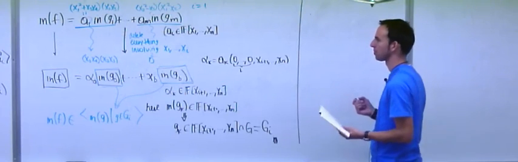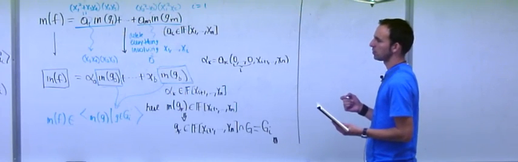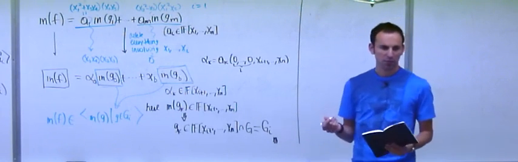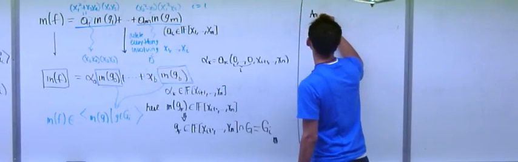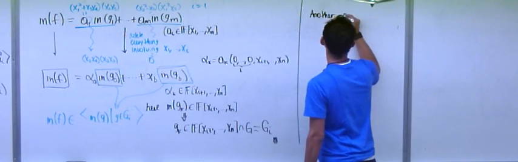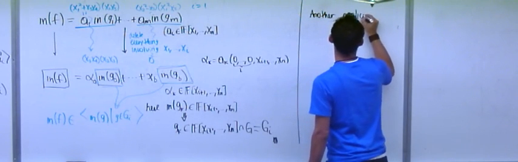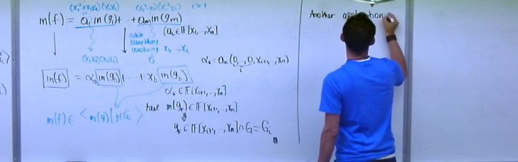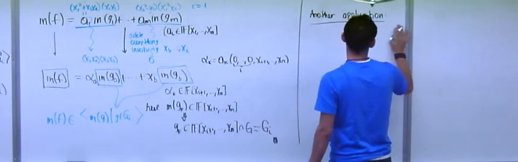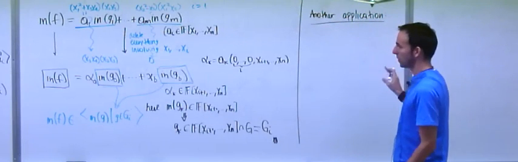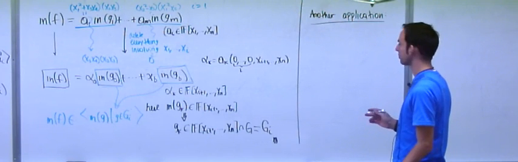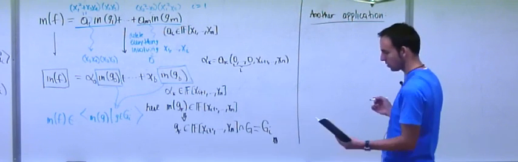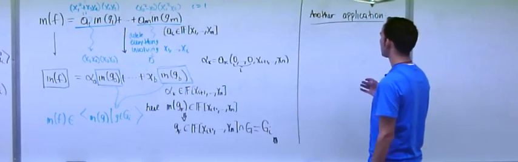Okay. Okay, so we're still talking about applications of Gröbner basis, and now I'm going to show you another one. This is it. So it's about computing with ideals.